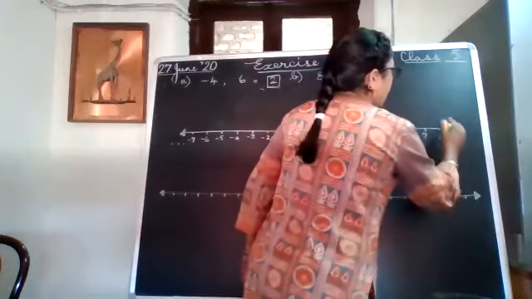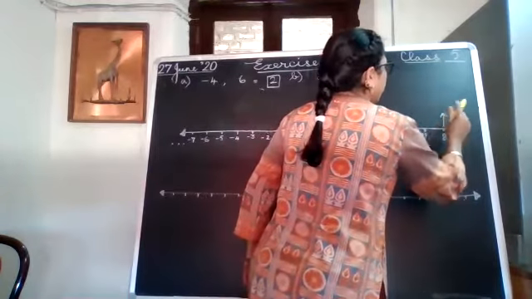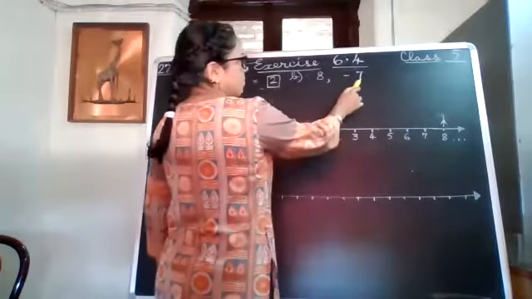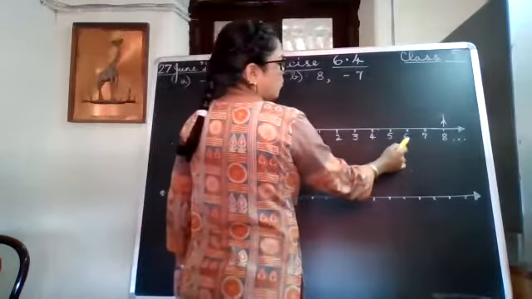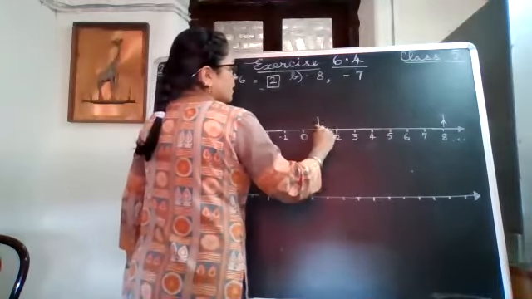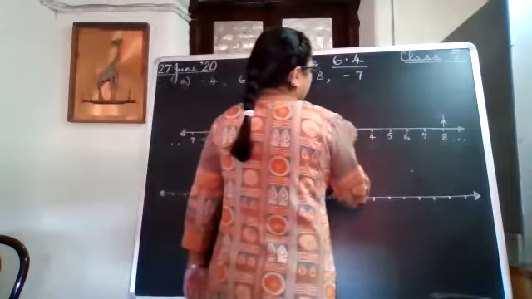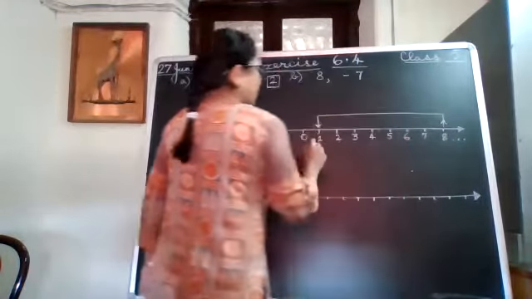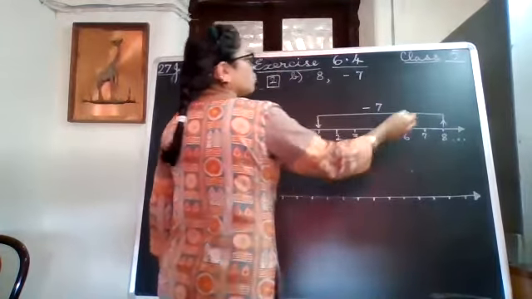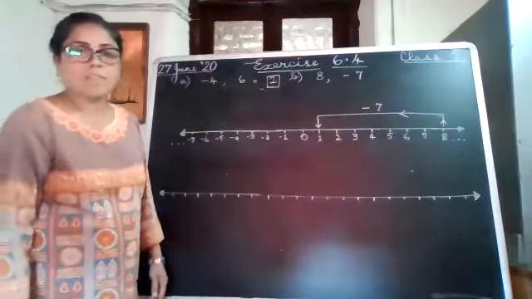So let us start. I start moving from here. How many? 7 places to the left. 1, 2, 3, 4, 5, 6, 7. So where will I reach? I'll reach here. And what number is that? That is 1. So here I'll write -7 and you will show the direction in which you have moved.